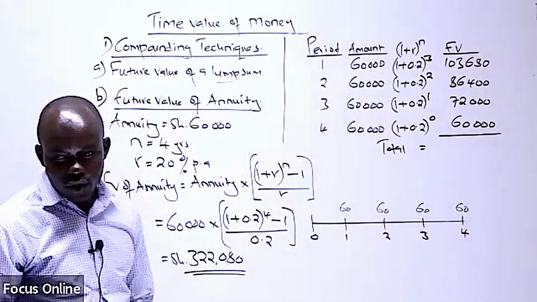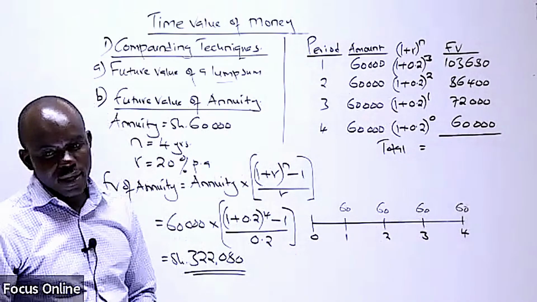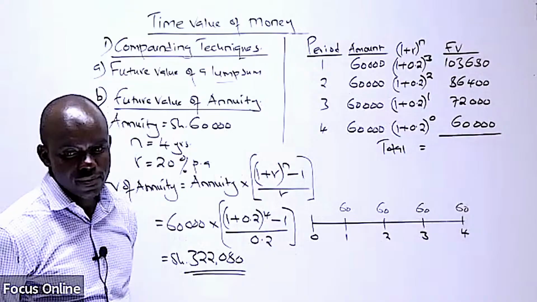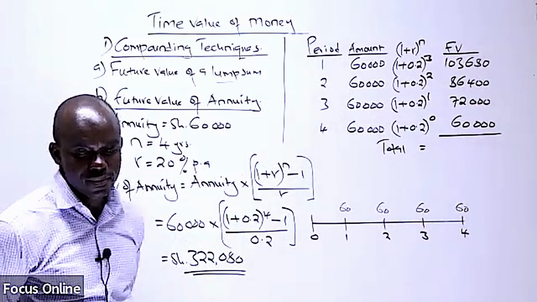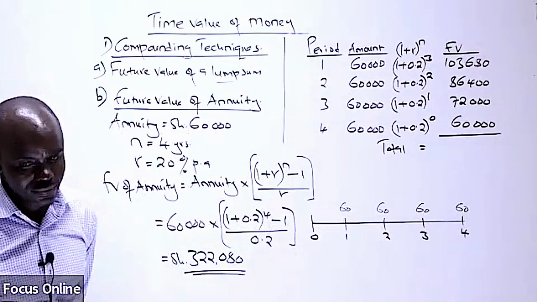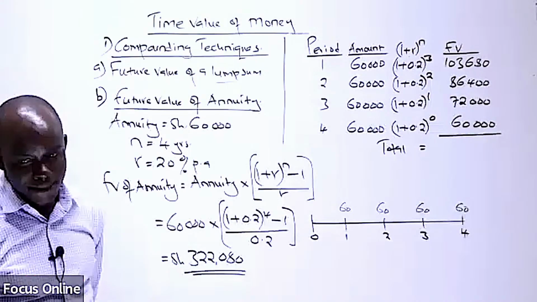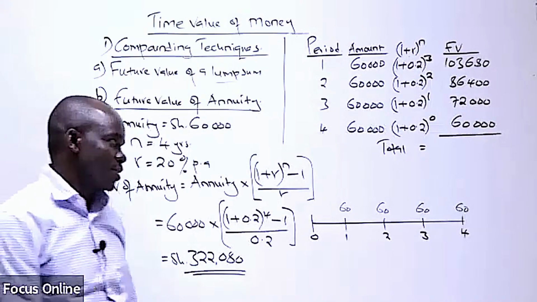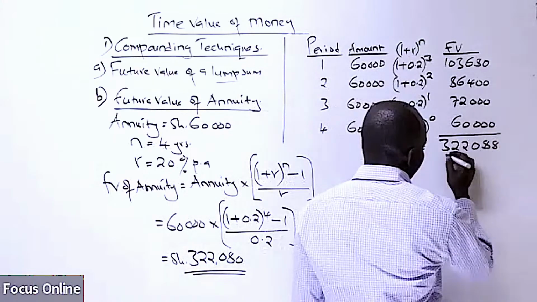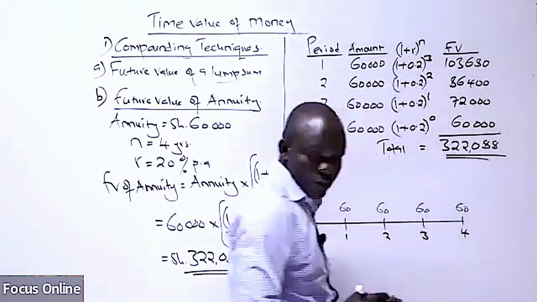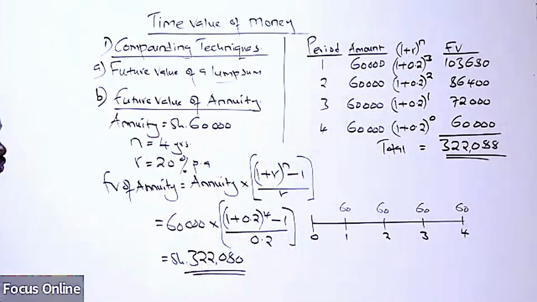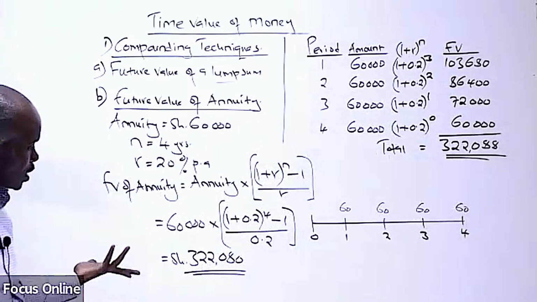So get the total. 322,088. So it is almost the same as what we have here, and the differences are just because of rounding off.